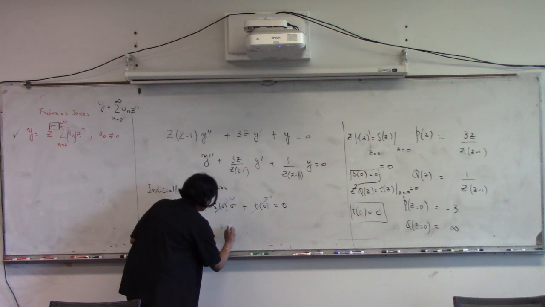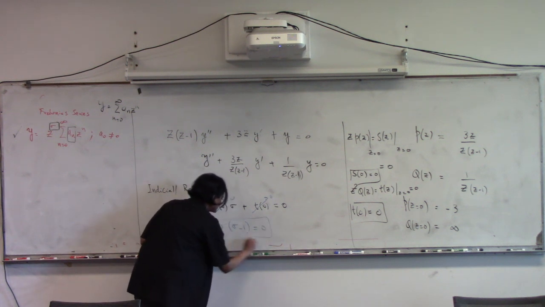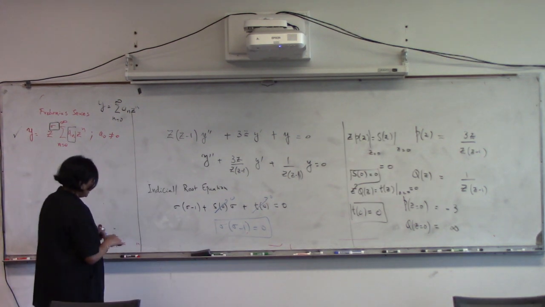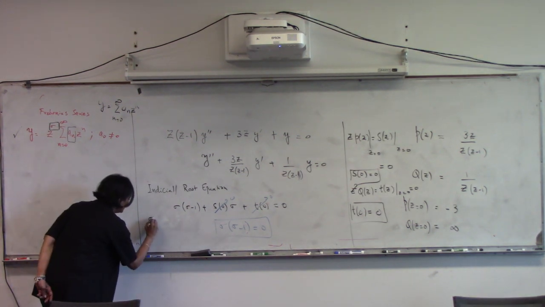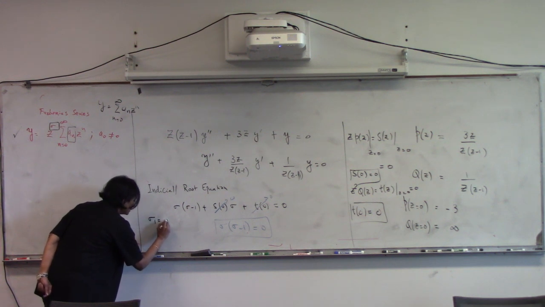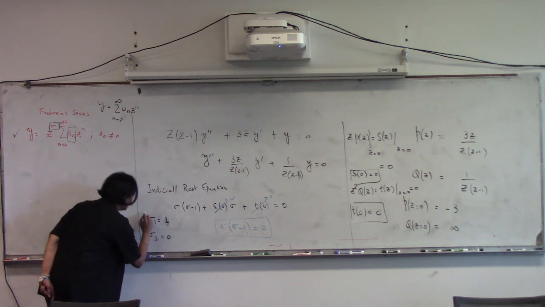So I got a very simple equation, sigma times sigma minus 1 is 0, right? So this tells me my roots are sigma 1 equal to 1, sigma 2 equal to 0.